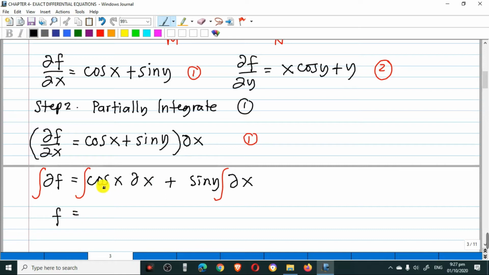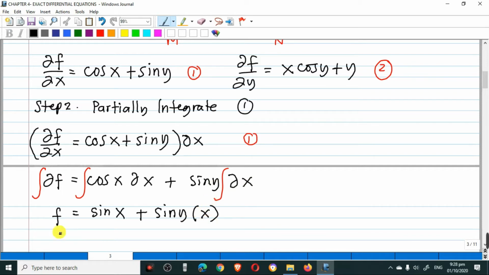The integral of cosine of x is sine of x. Since sine of y is in terms of y, we consider it a constant, so just copy the constant sine of y, then integrate the partial derivative of x, which is simply x.